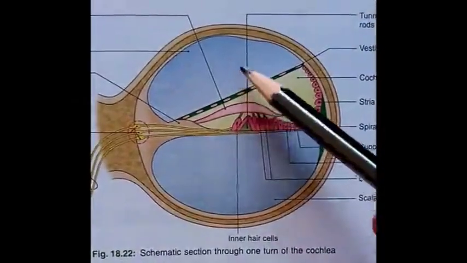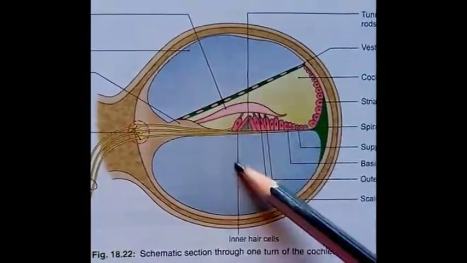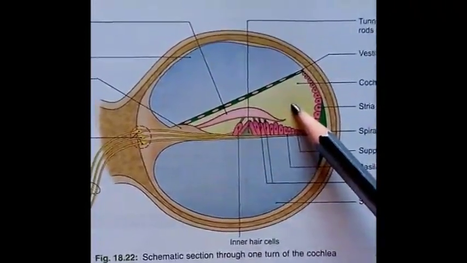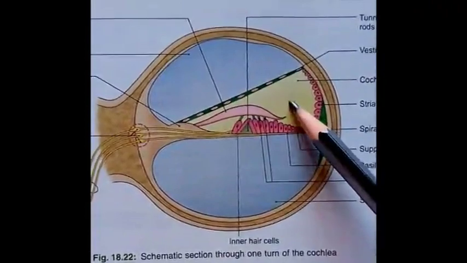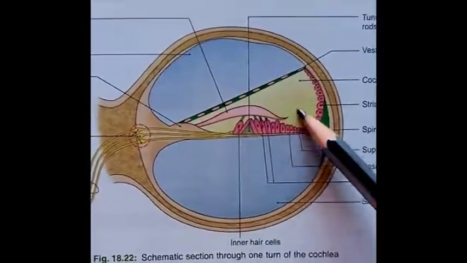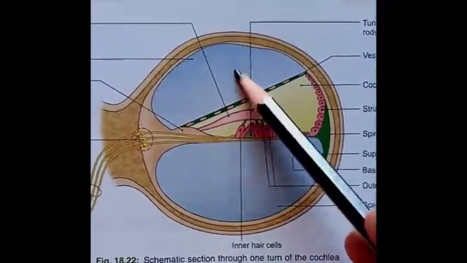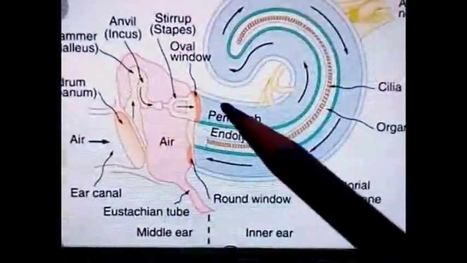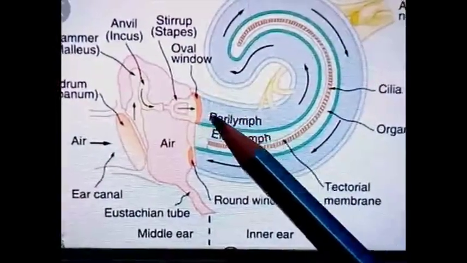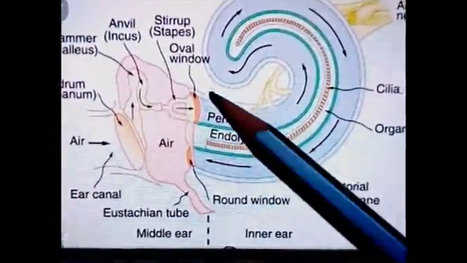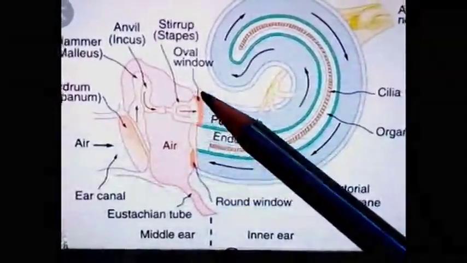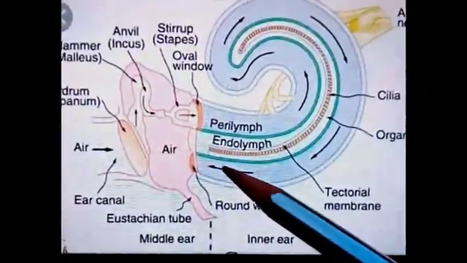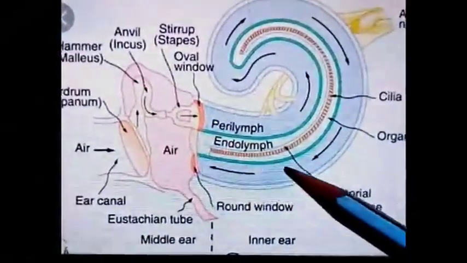Between these two compartments of the cochlear canal, there is the cochlear duct, which is part of the membranous labyrinth. It contains endolymph, and these two canals contain perilymph. In this diagram, this is the scala vestibuli. Its opening is closed by the footplate of the stapes bone. It contains perilymph. And this is the scala tympani, which also contains perilymph.